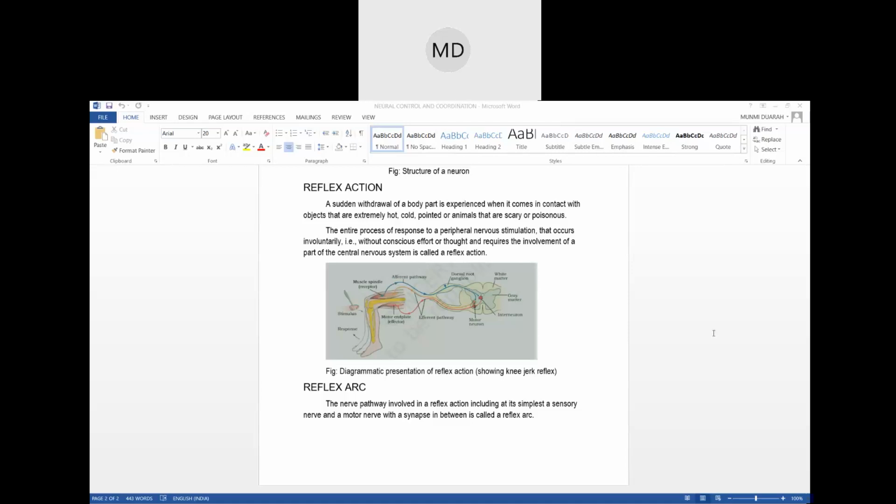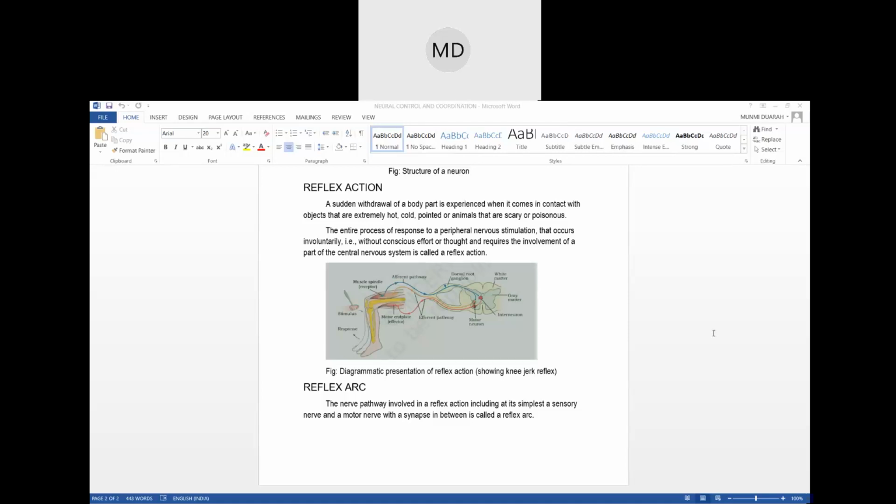If you are in the woods and you see a leech on your feet, what will you do? You'll jump. Or if someone throws a sudden sharp object towards you, you will move aside, right? All those things are done without consciousness, and it is involuntary, because it is done without any effort or any thought.